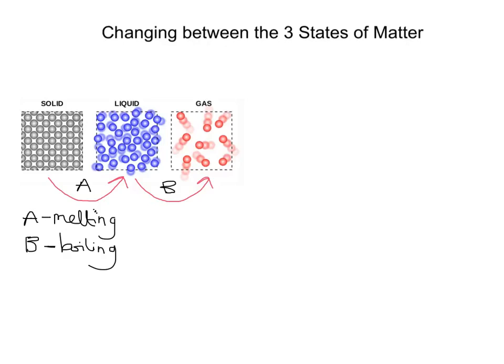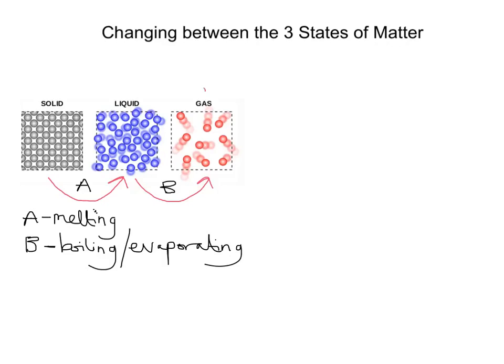Now, as well as being called boiling, we can sometimes refer to that as evaporating. So when we go from liquid to a gas, as well as that being boiling, we can sometimes call that evaporating, so we'll put that in there. Now what if we were to go the other way?